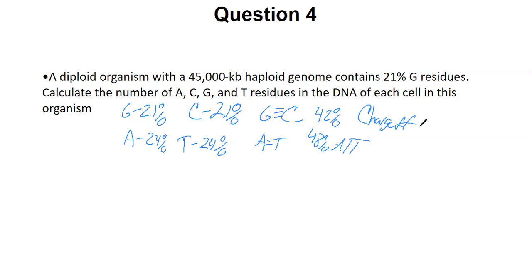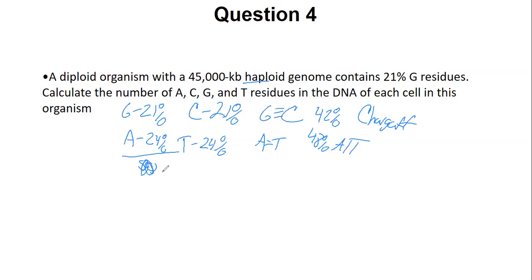Now, going on to the numbers. So I give you the haploid genome. Haploid genome is half of a diploid organism's DNA. That equals 90. Do I not know how to do math? 21, no, it should be because 21 plus 24 is 50, right? 21 plus 24, no, that's 45.